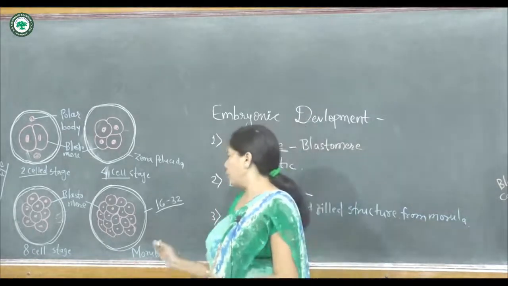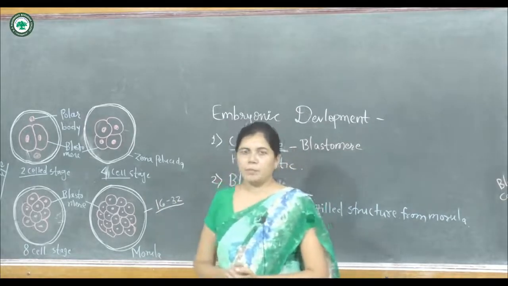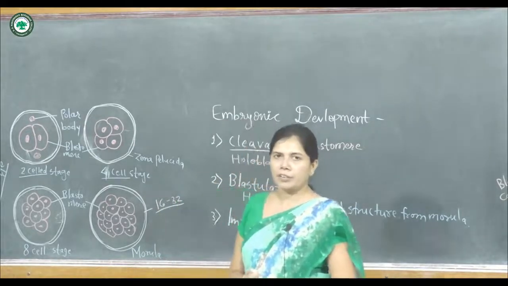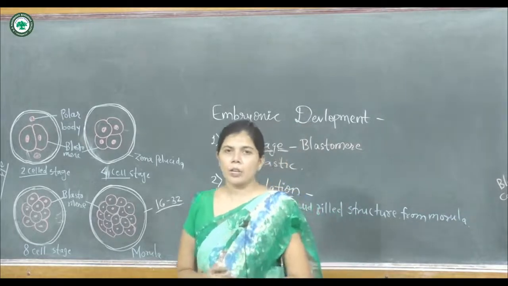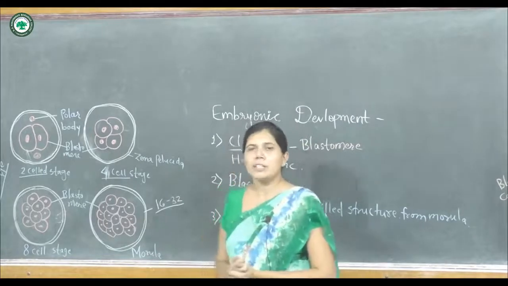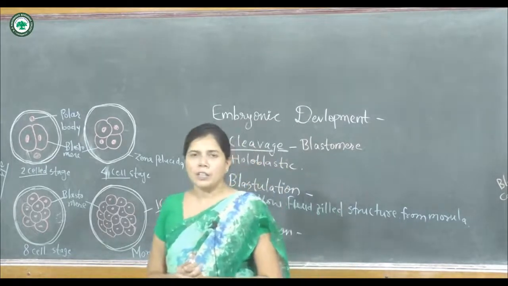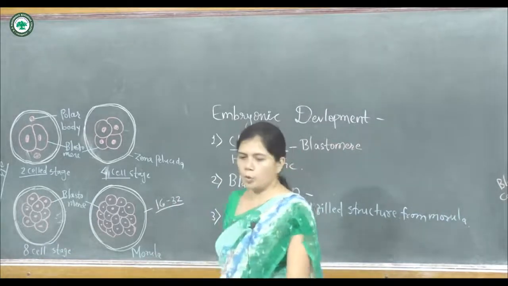In the morula, the zona pellucida is retained. That's why the size of the morula is equal to the size of the zygote. Only the division of blastomeres takes place and it forms the morula.